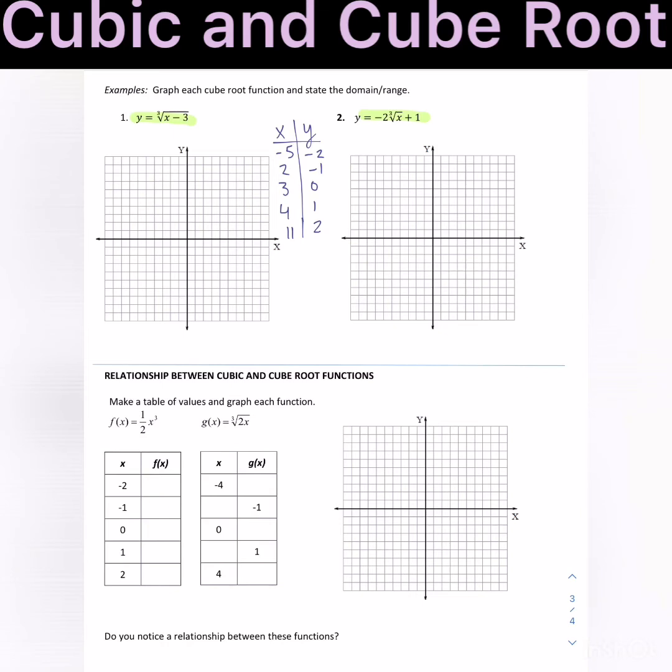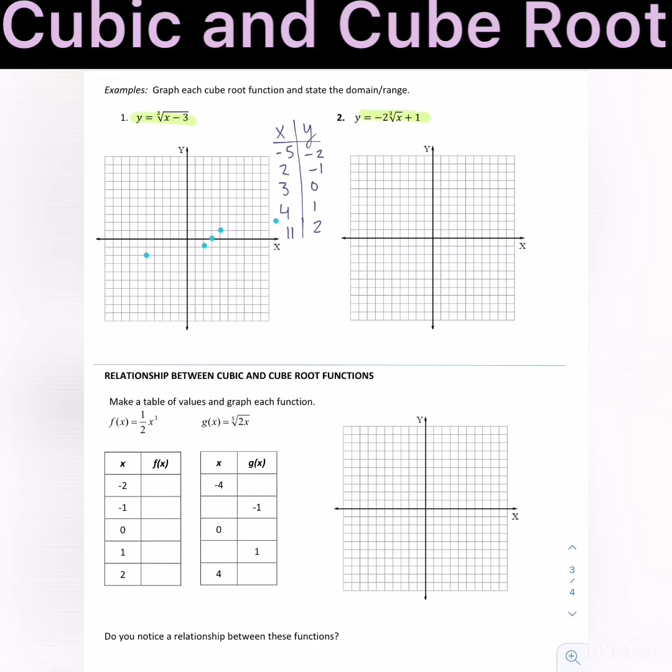It's fine. So let's come to the graph and let's plot these points and get a picture of what this looks like. So the first point we're going to do is negative 5, negative 2, right there. Then we have 2, negative 1. Then we're going to have 3, 0, 4, 1, and 11, 2 is going to be right there off the graph.